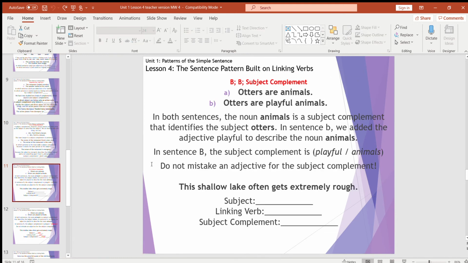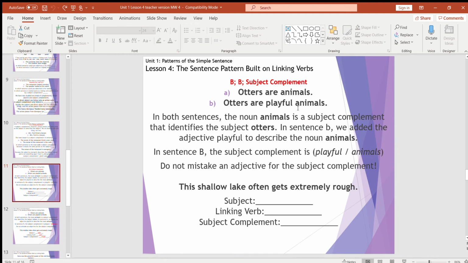Okay? Otters are animals. Otters are playful animals. In both sentences, the noun animals is being used as a subject complement because in both cases they describe the otters. But in sentence B, you'll notice we also have the adjective playful, which is used to describe the noun animals. So in sentence B, is the subject complement the adjective playful or the noun animals?